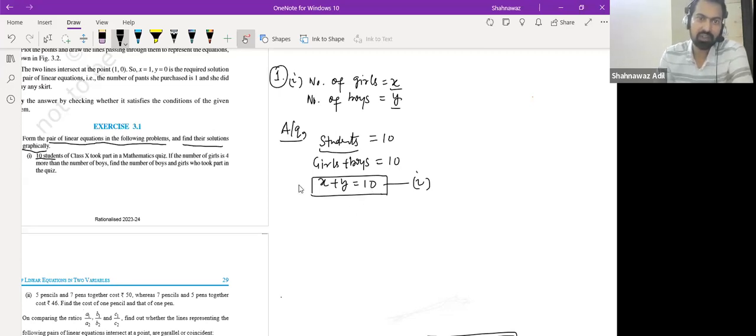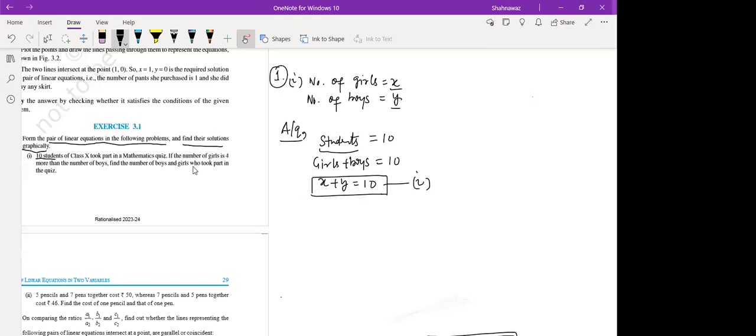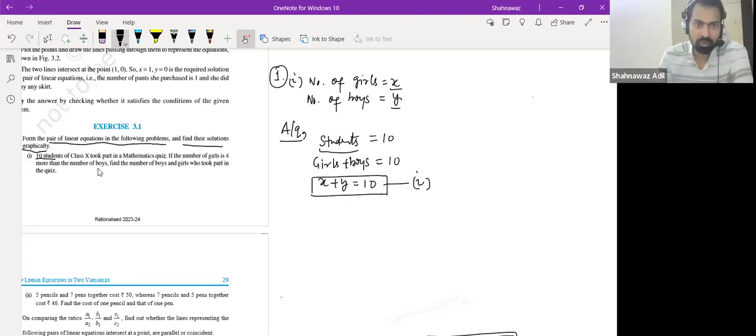Now let us find out the second equation. The number of girls is 4 more than the number of boys. So the number of girls is X, equal to, right? 4 more means plus. 4 more than the number of boys.